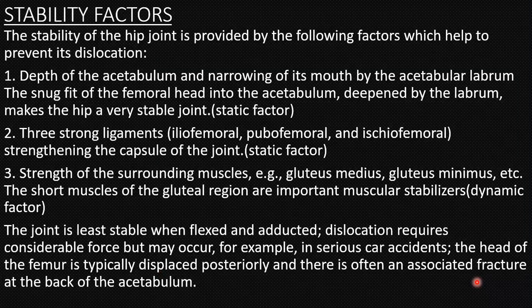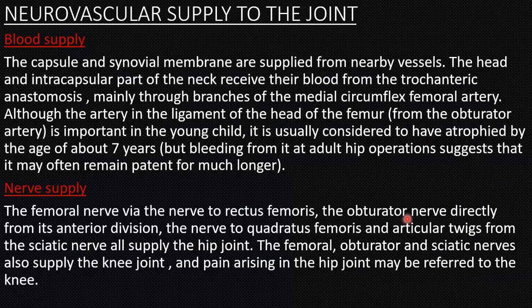Once the head of femur is displaced posteriorly, it might injure the sciatic nerve, because the sciatic nerve lies posterior to the hip joint. That is why it is a must for you to know the relations of the hip joint.